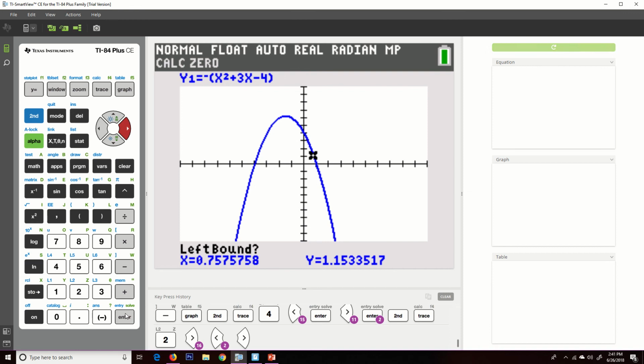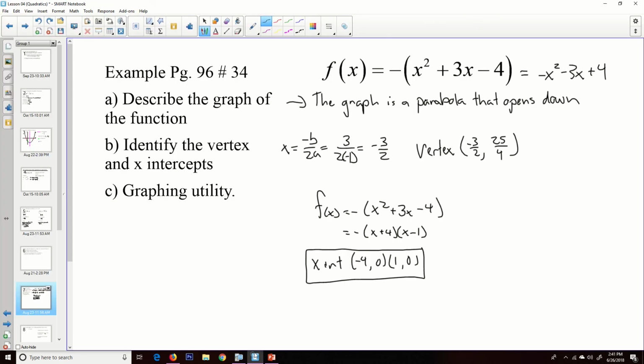So the left bound of where one of these is going to be right there, and then the right bound would be right there. We hit enter, and 1, 0 is one of the x-intercepts. If you want, I'll let you solve for the other one, but it's the exact same process.